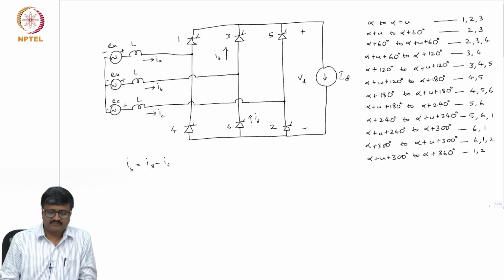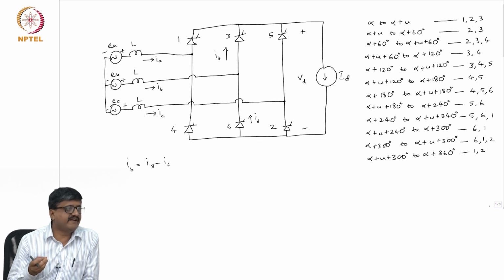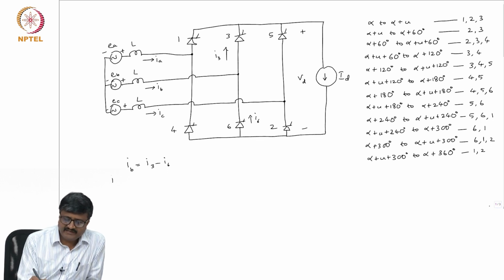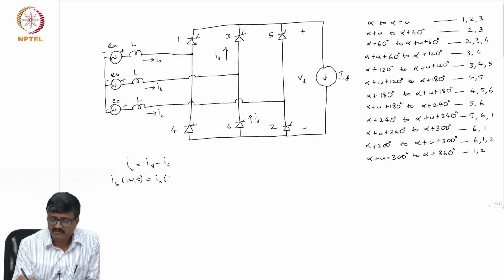Now there is one type of symmetry on the AC side. On the AC side, the currents are identical except for a phase shift of 120 degrees. So if you take IB of omega t, it is nothing but IA delayed by 120.